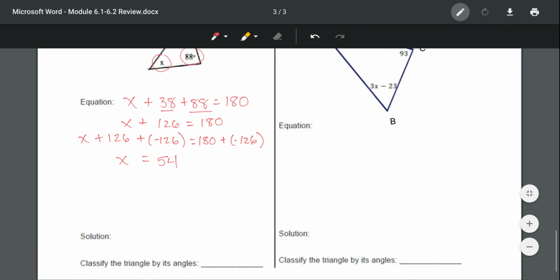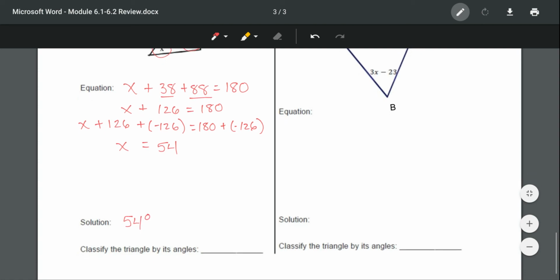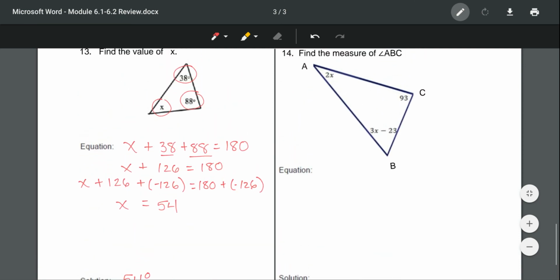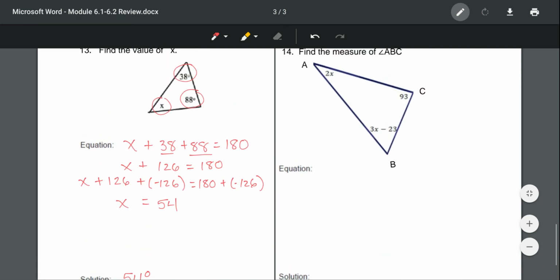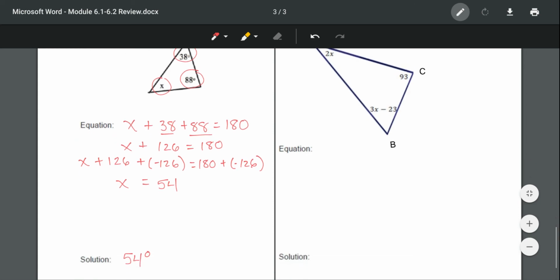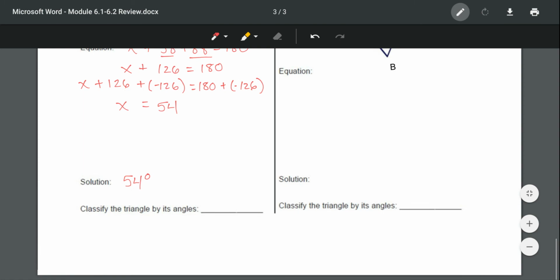So the solution would be 54 degrees. And then classify the triangle by its angles. Because all the angles are less than 90 degrees, they're all acute angles. So that means this would be an acute triangle.